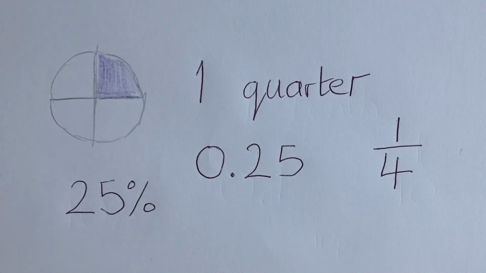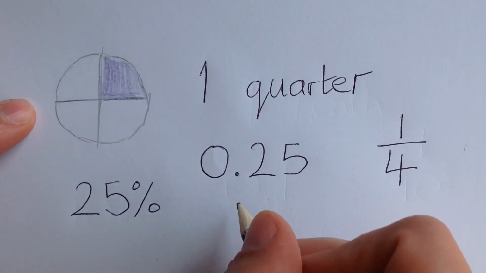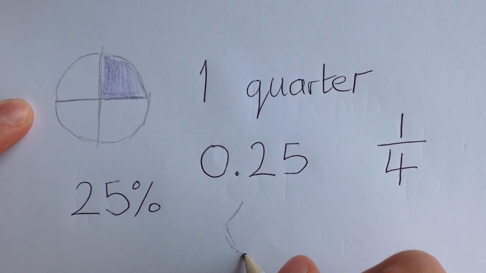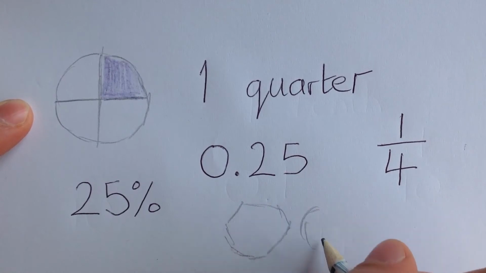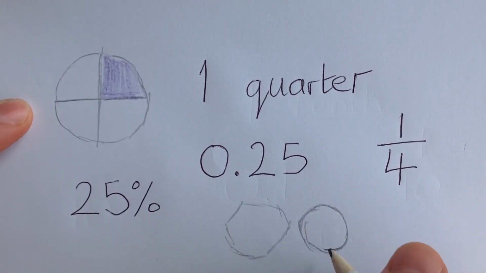Now lastly, I've chosen to do this one because it's probably the trickiest one when it comes to doing the money, because we don't have a 25p piece. So a quarter of a pound would be 25p, like a quarter of 100 is 25%. So 25p, obviously I can't do it as a single piece, but I can have a 20p and a 5p.